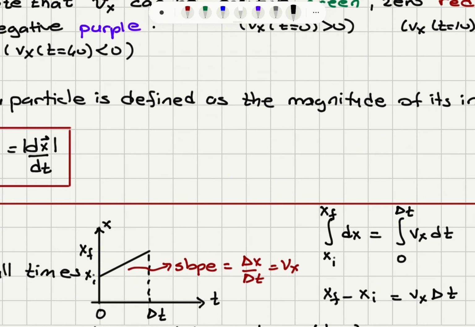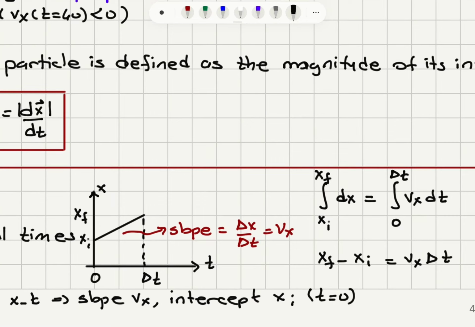So if I take the integral from x initial to x final of dx, because Vx is equal to dx dt, dx is Vx dt, so the integral from 0 to delta t of Vx dt. The integral of dx from x initial to x final gives us delta x, which is x final minus x initial.